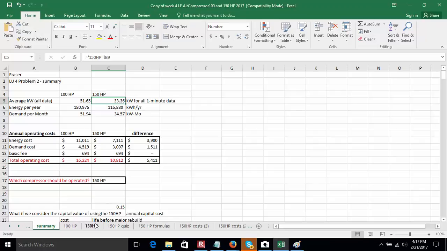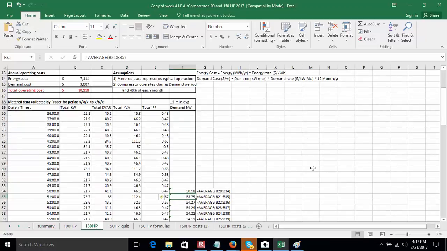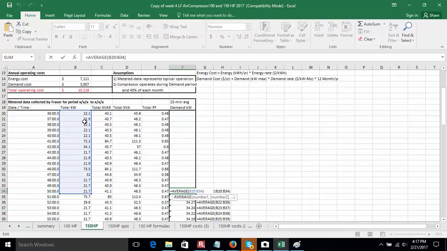You've got a data set here, and here's the rolling average. For example, here's minute 36, 37, 38, et cetera. This number right here represents 1, 2, 3, 4, 5, 6, 7, 8, 9, 10, 15 minutes. That's the 15-minute rolling average.